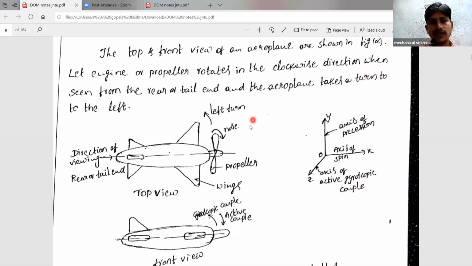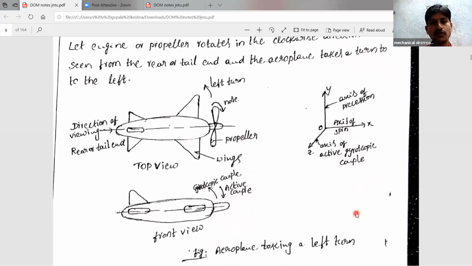And when we take the right turn, the propeller direction of rotation and our turning movement are both equal. Then the effect of the gyroscopic couple is to dip the nose, this front portion, and raise the tail. So that is a simple thing here.